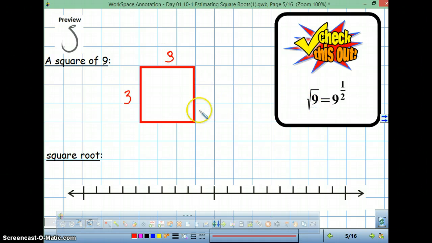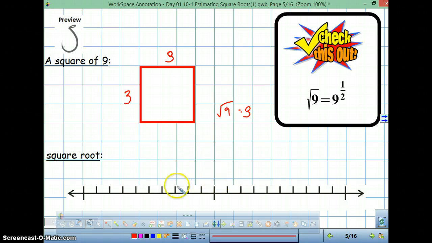So if we wanted to say it, we could say the square root of 9 equals 3. And we call it a perfect square because the number of boxes that fits into the square is the number that we have fits exactly into a perfect square.